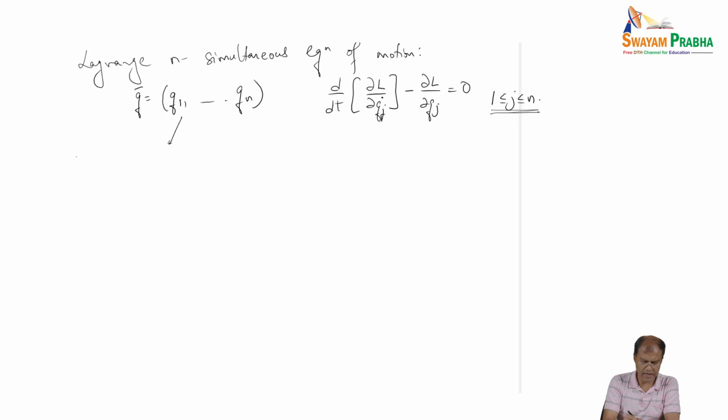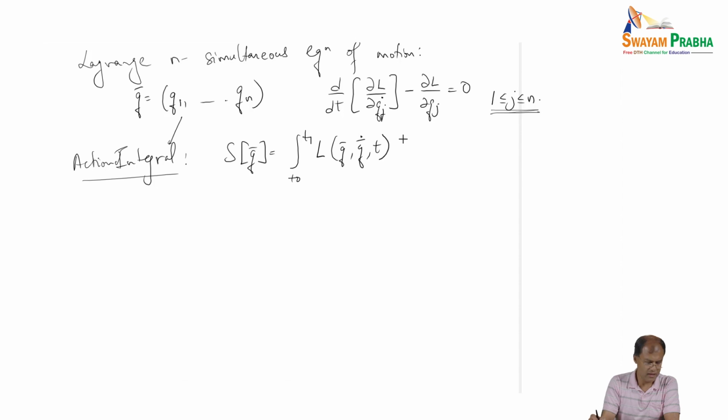We can write the action integral. S of q is given by the integral from t0 to t1 of L of q, q dot, t, dt, and that is the action integral.